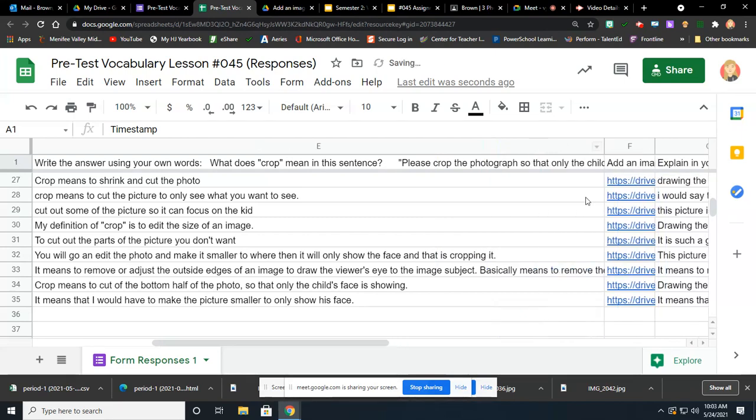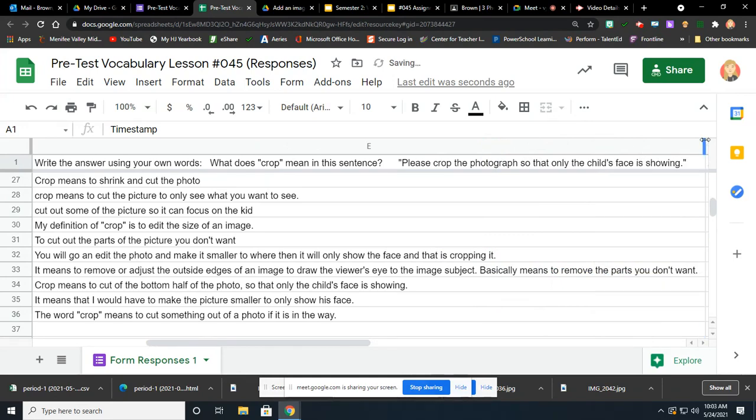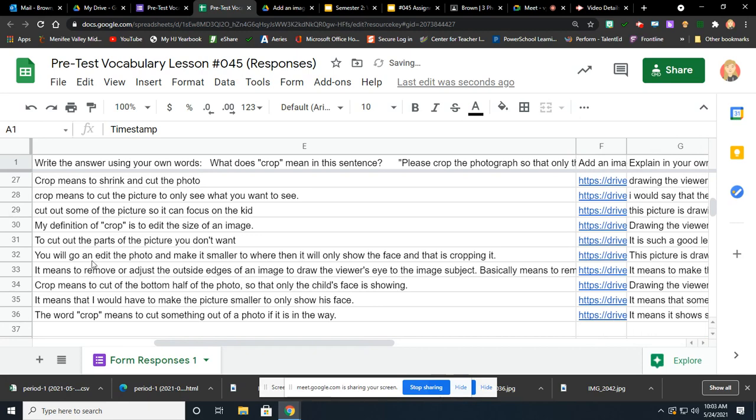Basically, it means to remove the parts you don't want. Excellent. I love it. You will go and edit the photo and make it smaller to where there is only the face, and that is cropping it. Perfect. To cut out the parts of the picture you don't want.